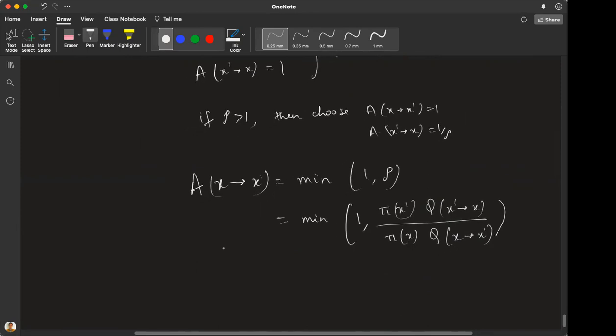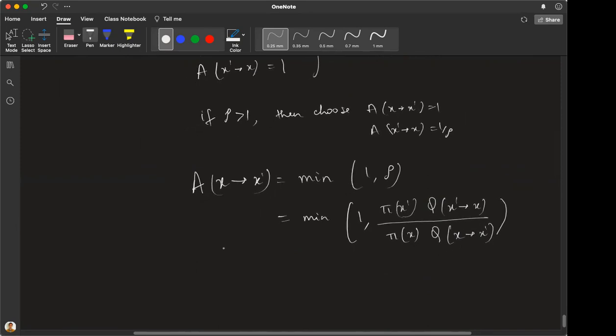This is my acceptance probability. Now, if I choose this acceptance probability, then I am free to choose any Q. Now, what remains is that only Q has to be chosen or designed by you.